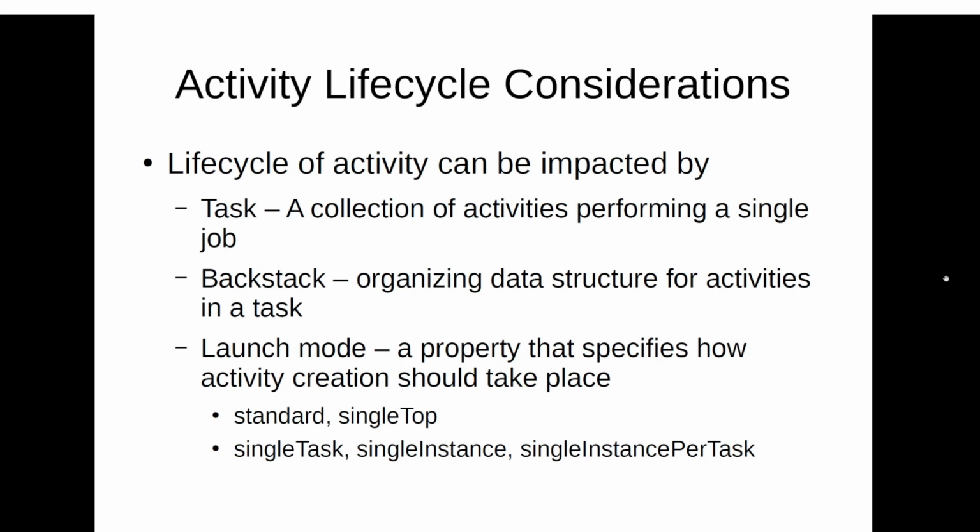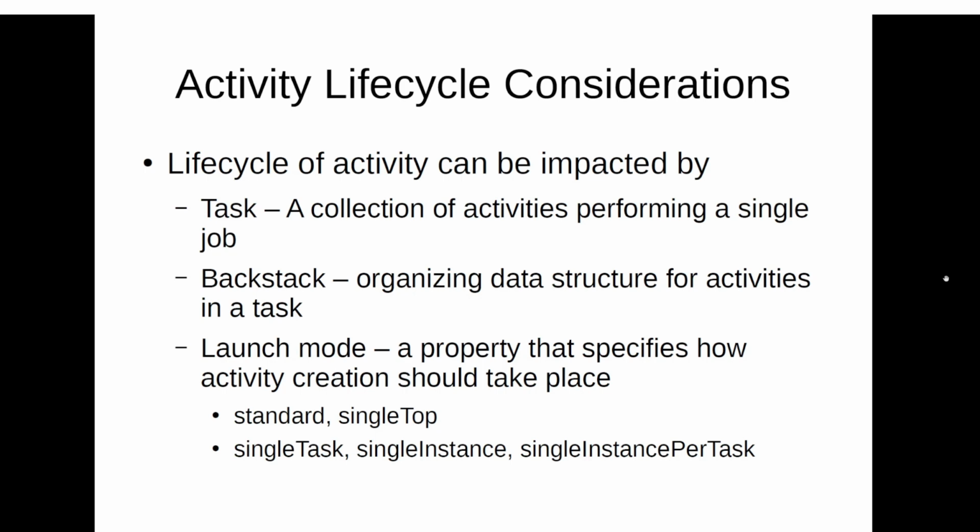So you will never find other activities in the same task as an activity that is declared single instance. And lastly, single instance per task, there's a hint in the name. It's like single instance, except the rule only applies to a specific task. So you can have multiple instances as long as those instances are showing up across different tasks and different backstacks.